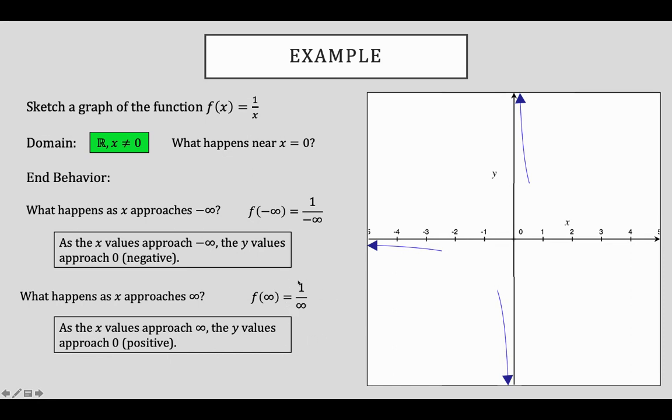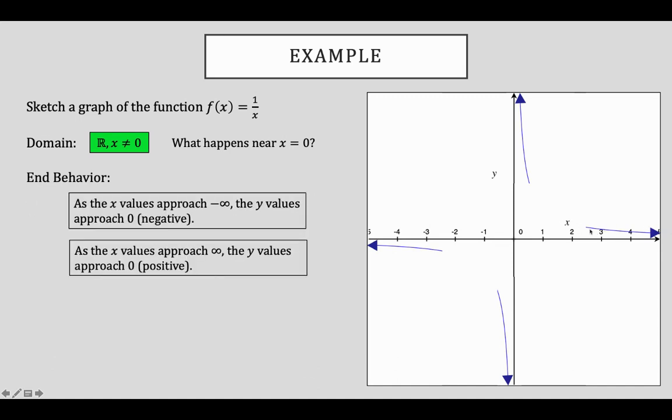Notice that a positive divided by a positive is a positive number. So this says, as my graph goes to the right, the y values have to get closer and closer to 0, but they are going to be positive. What would that look like on the graph? All right, that portion right here. So that's all of our behavior there.